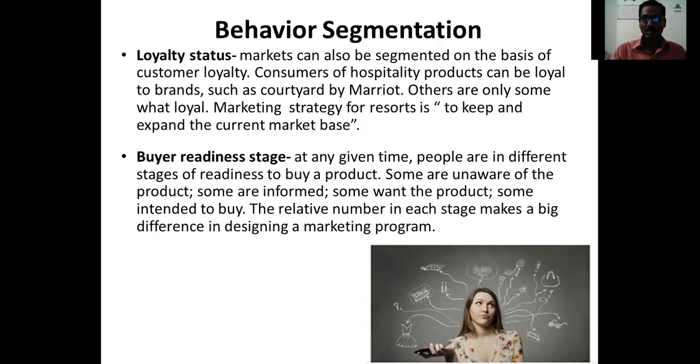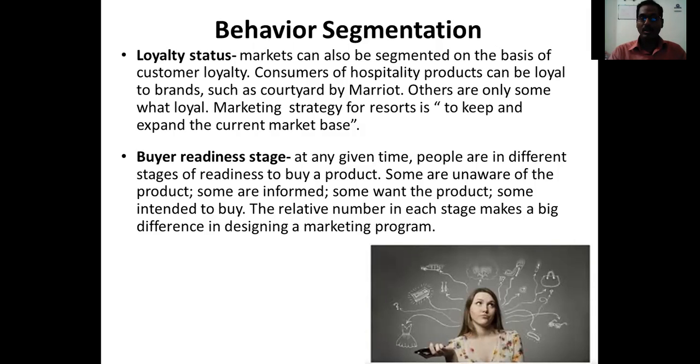Some customers are just informed, they know about our product. Some want the product: they want to buy our product and use it. Some intend to buy, some are planning to buy. The relative number in each stage makes a big difference in designing a marketing program.